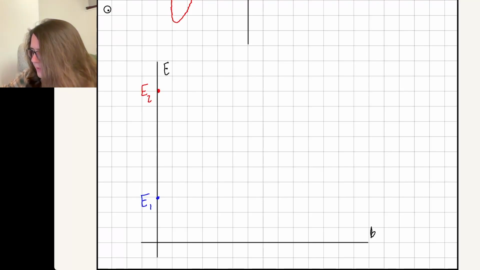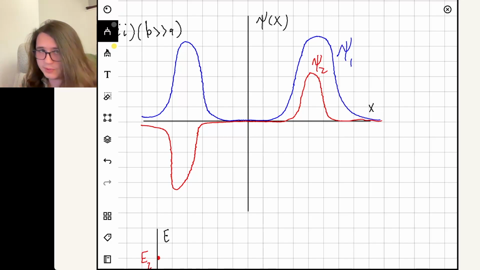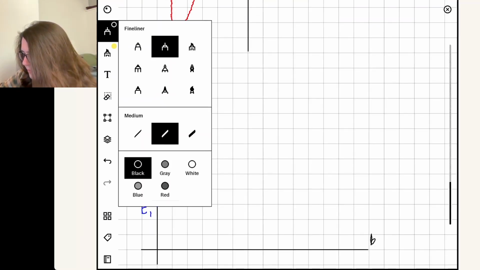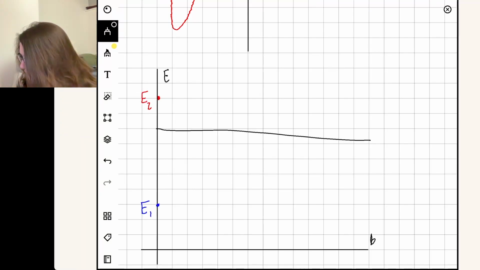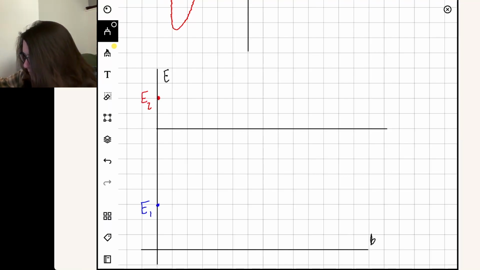And as we said, if we increase separation, the energy value for psi 2 becomes pretty much equal to that of psi 1. So they're going to meet in the middle somewhere, where the energy for E2 decreases by a little bit because of the separation. So I'm going to draw a little dashed line here where they will meet in the middle.